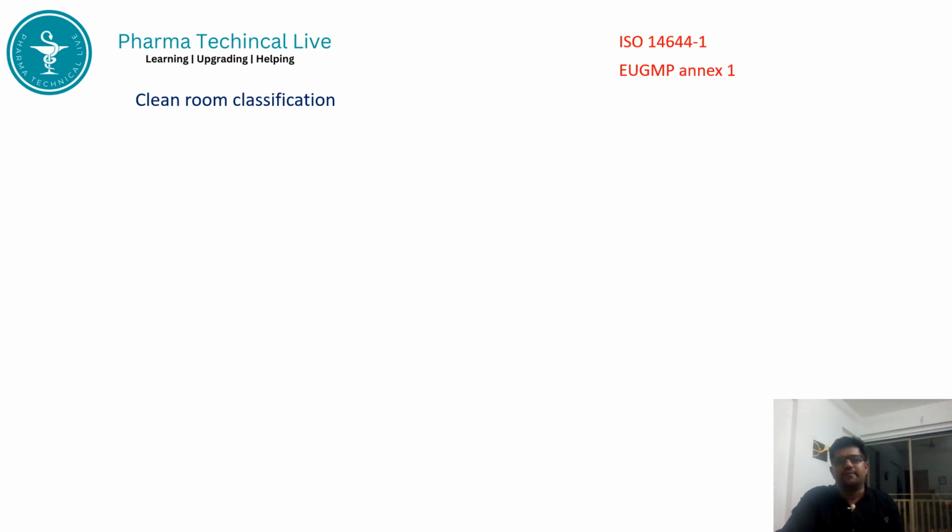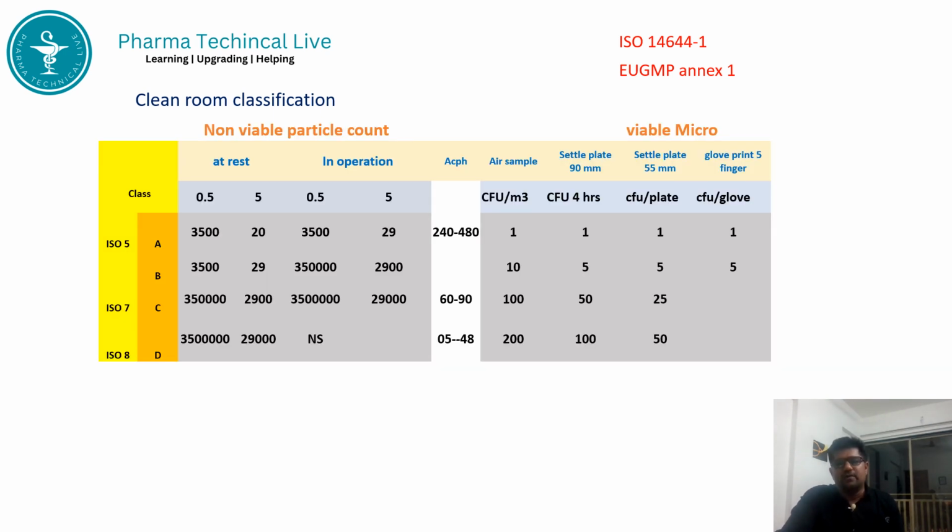Understand the clean room practices. Premises may contaminate the product, so we have to carry out the operations in the clean room. The clean room concept has been elaborated through ISO 14644-1 and EU GMP Annex 1.